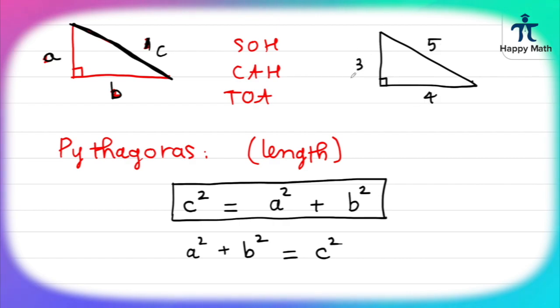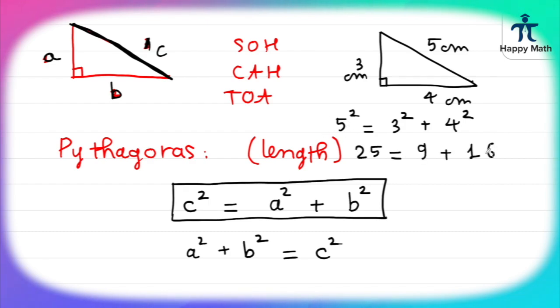This is 3 centimeters for this side, 4 centimeters for this side, and 5 for this one. Let's check the relationship between these three sides. The longest side is 5 squared, and the other two sides are 3 squared plus 4 squared. Here 25, this one is 9 and this one is 16. So that is perfectly correct.